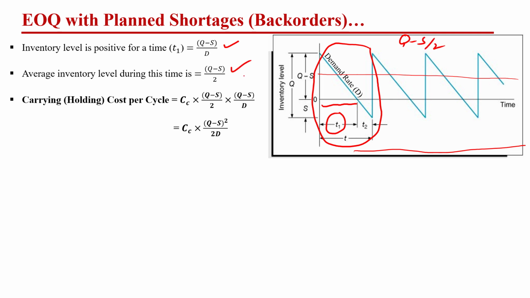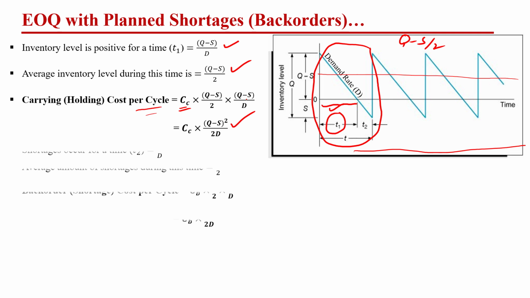If we multiply it with the carrying cost per unit, or you can say holding cost per unit, this is going to be the carrying cost per cycle. Here per cycle means per T1, or you can say even this capital T, the overall cycle. So for this one cycle, the carrying cost is equal to this.